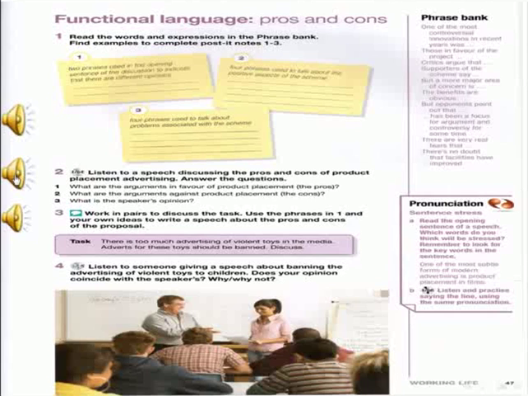Unit 7. Functional Language. Exercise 4. People have argued about banning advertising of violent toys on television for some time. Critics of this proposal argue that parents are the decisive factor in their children's behaviour, and that toy companies should be able to sell their products in the same way that other companies do.